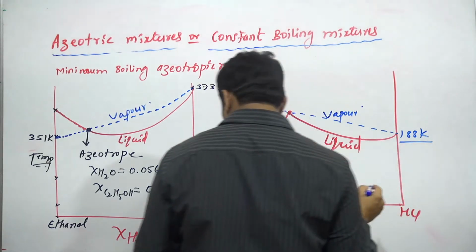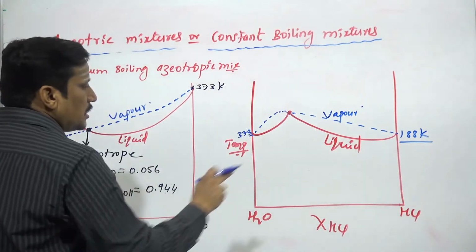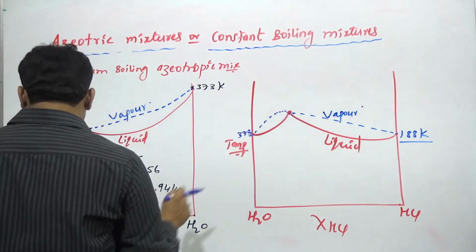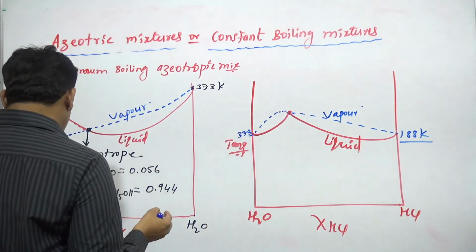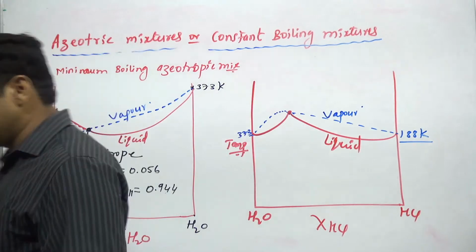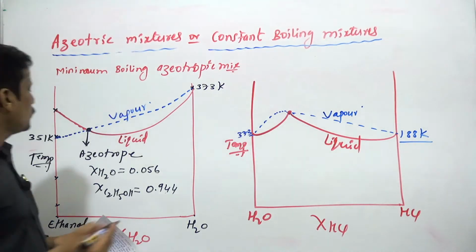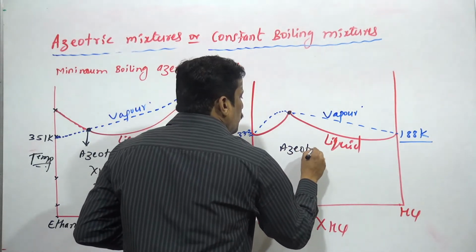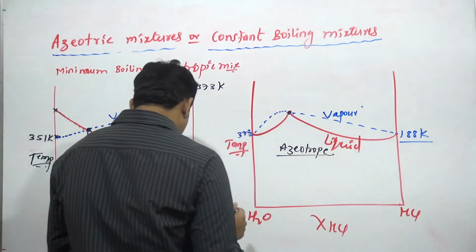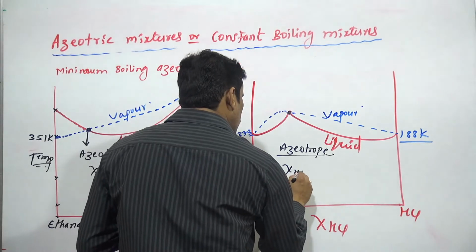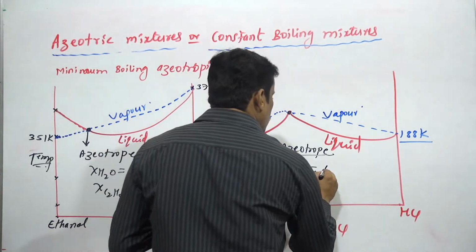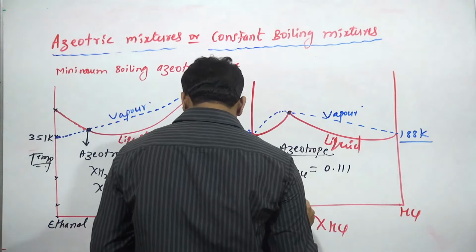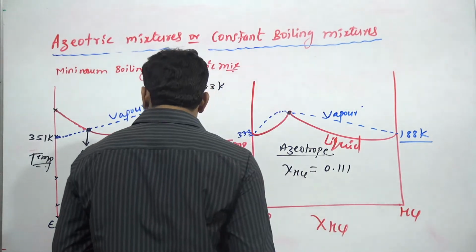HCl boils at 188, and water at 373. Azeotropes are forming at this point, where the mole fraction of HCl is 0.11, and the remaining is water.